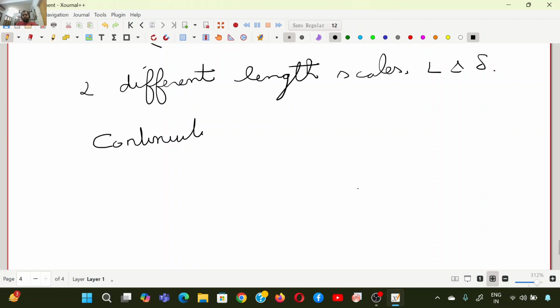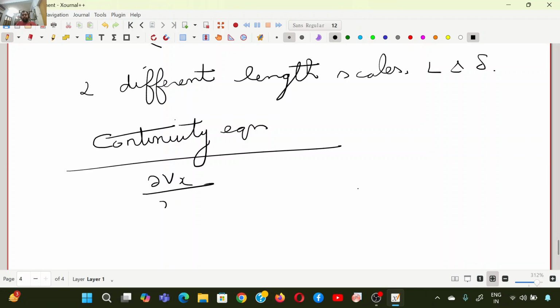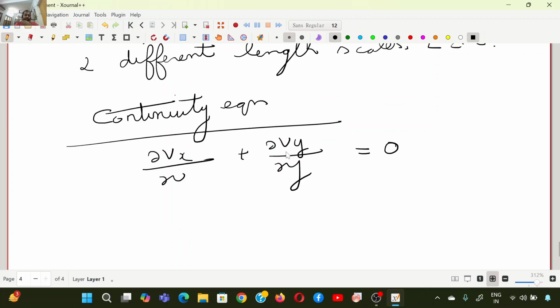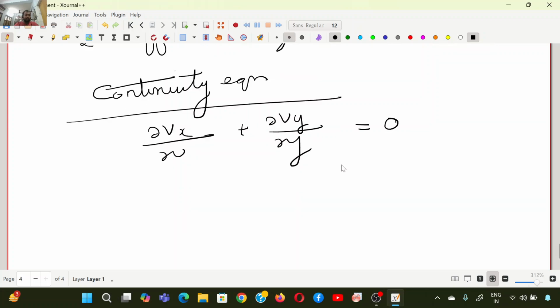The continuity equation goes as this: del u by del x plus del v by del y is equal to 0. So let us replace these in terms of the length scales and the velocity scales.